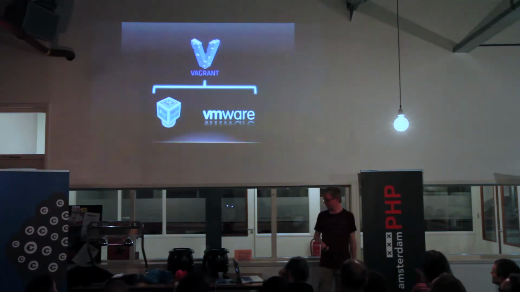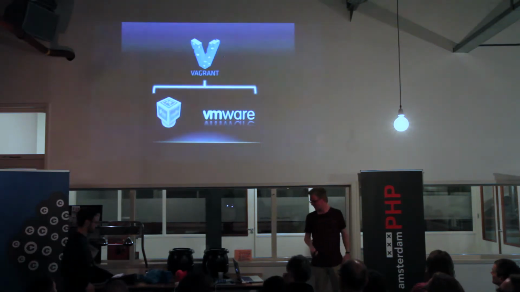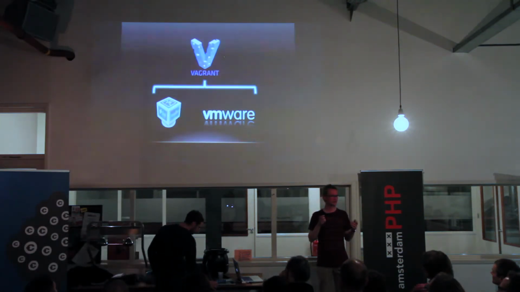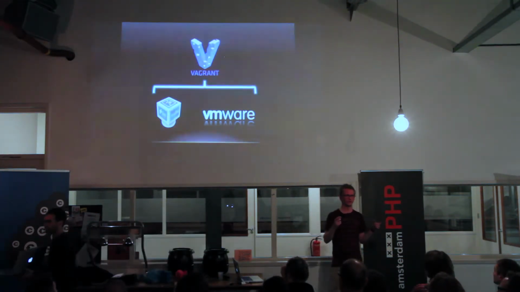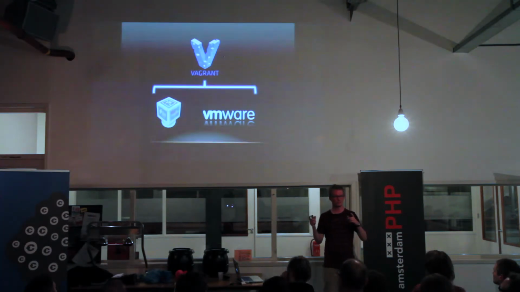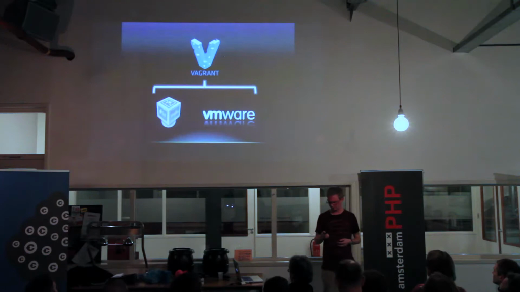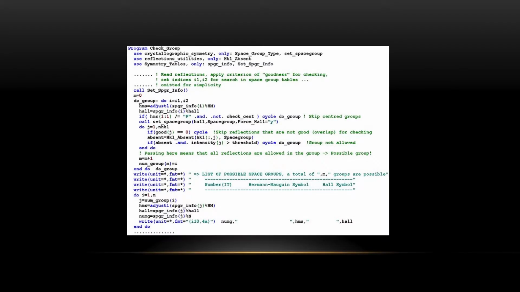So the thing Vagrant does is really quite simple. It uses a text configuration to build you a virtual machine. So you don't need to distribute the whole box, the 4 gigabytes of the export. Just distribute a text file. Text file, not this text file. It's just random code.